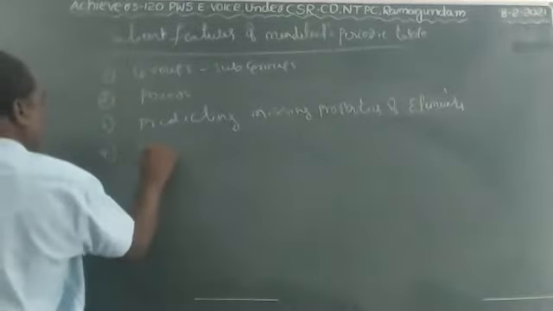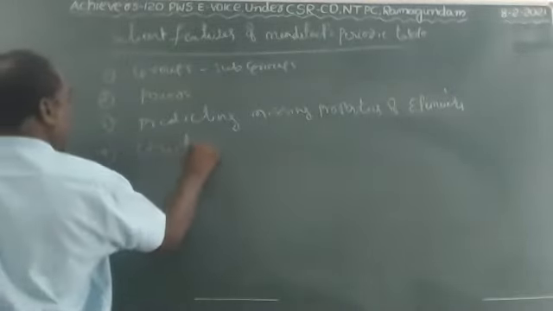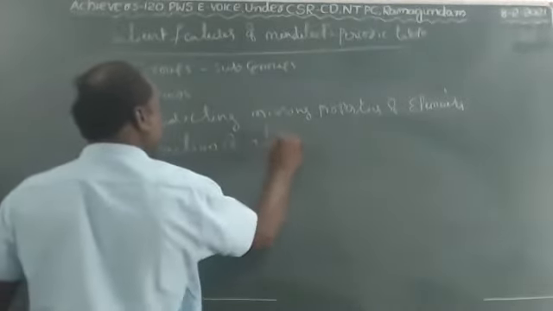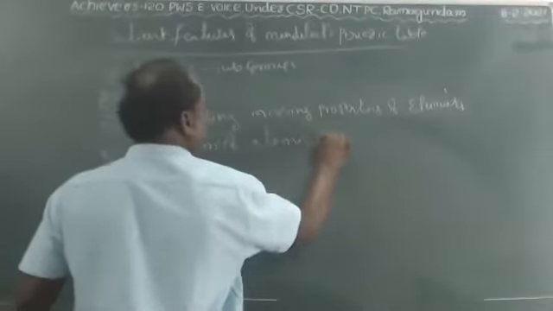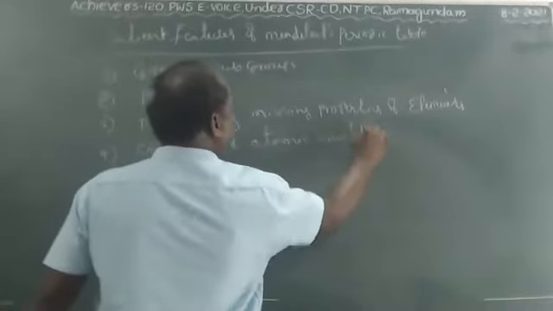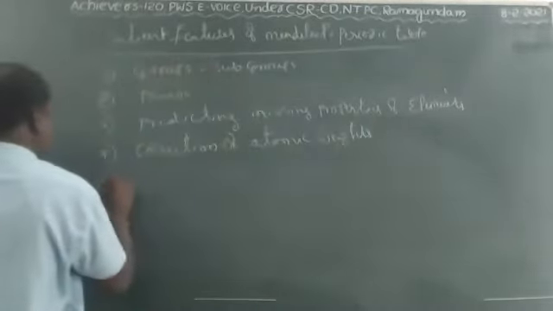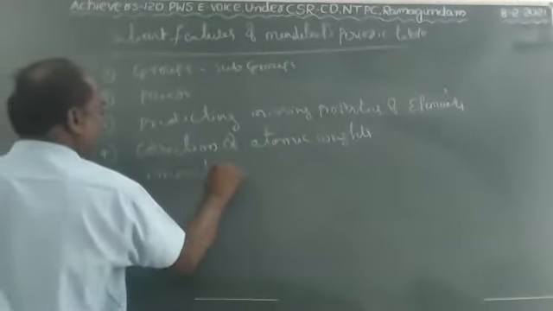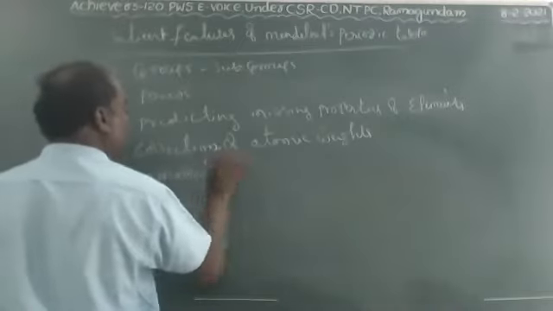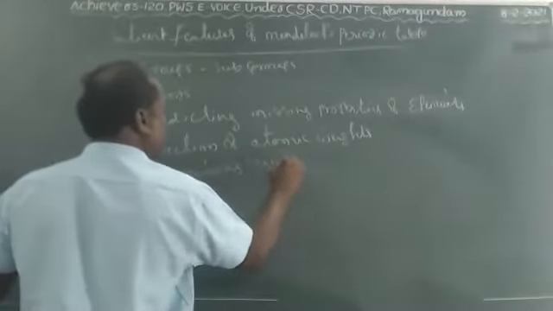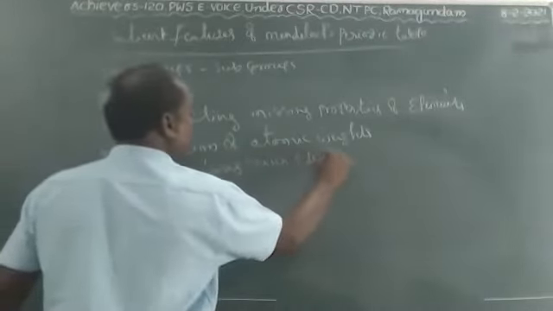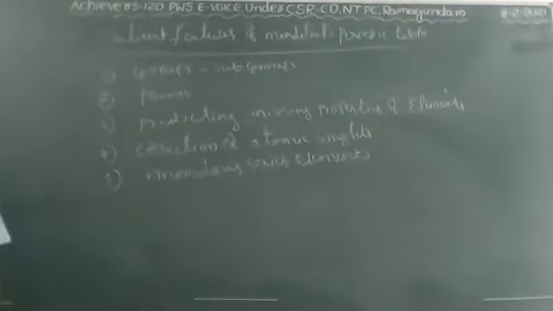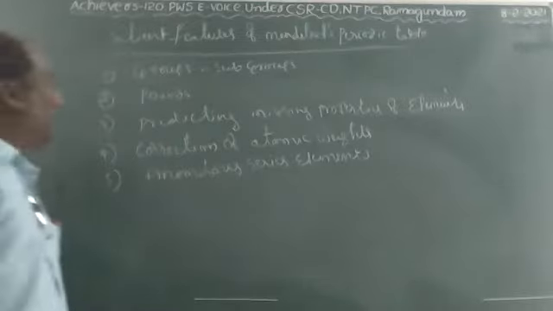Fourth one is correction of atomic weights. Fifth one is anomalous series of elements. So these are the main salient features of Mendeleev's periodic table, children.